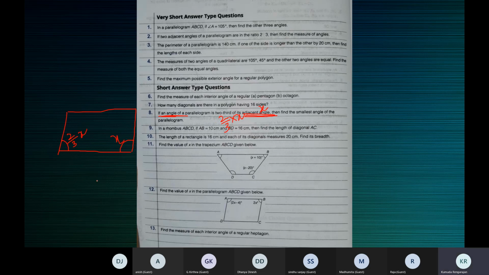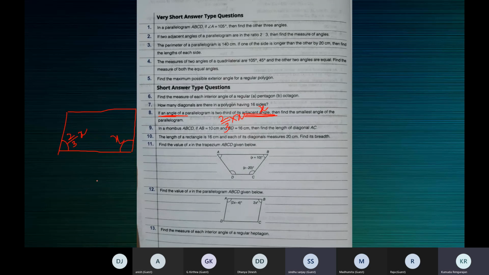Now what is the equation, children? Those who got the answer, don't answer. It's about the angles. We saw one with the perimeter, that was using the sides. Ma'am, 2/3x plus x gives 360 degrees. Okay, that's fine. But can we have a simpler equation?